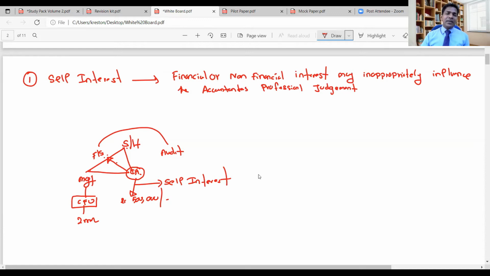Just an example: the professional work of the accountant is influenced by the financial or non-financial interest.